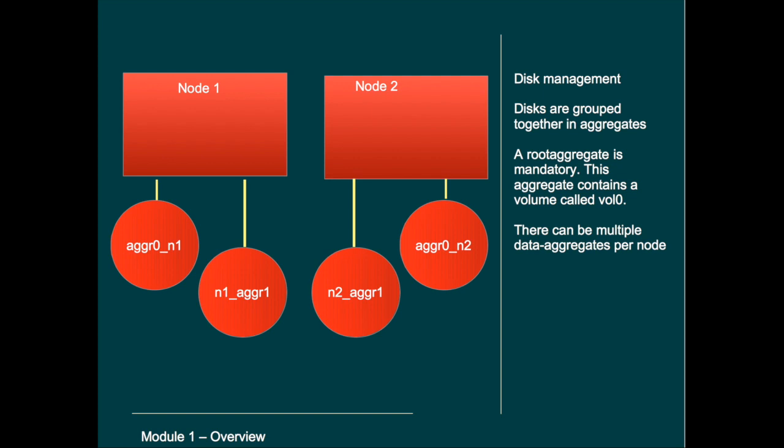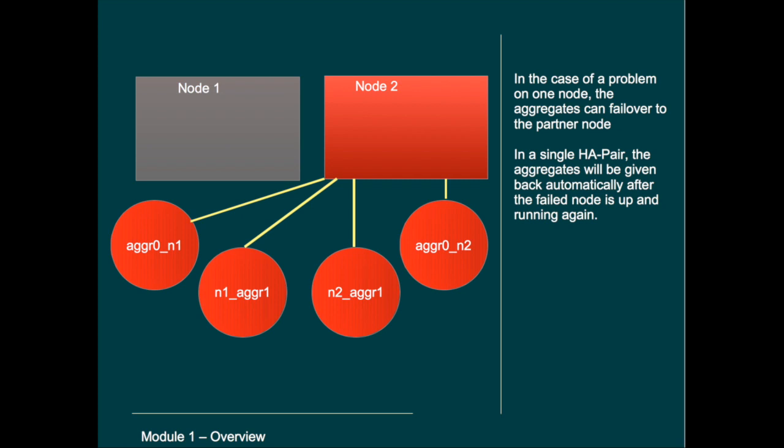In the case of a node failure, the surviving node in the HA pair will take over all of the aggregates of the other node by default. You could prevent that when you halt the node manually if you wanted to. So you can specify a parameter that says that you do not want these disk groups or these aggregates to fail over.